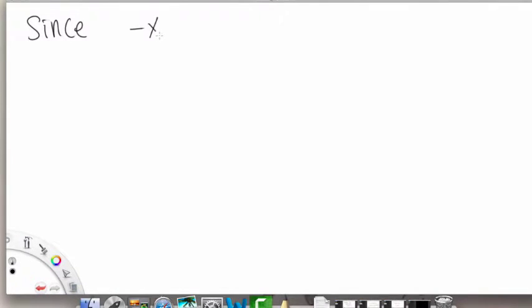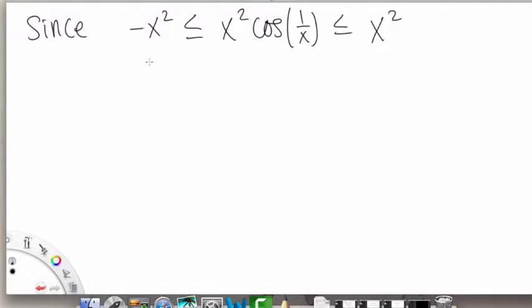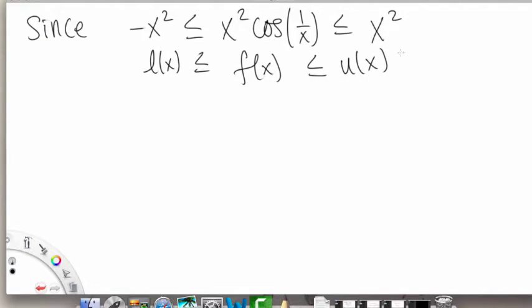Now we can conclude using the squeeze theorem. Since negative x squared is less than or equal to x squared cosine 1 over x is less than or equal to positive x squared, in other words, our L of x is less than or equal to f of x is less than or equal to u of x. That's just another way of writing it.